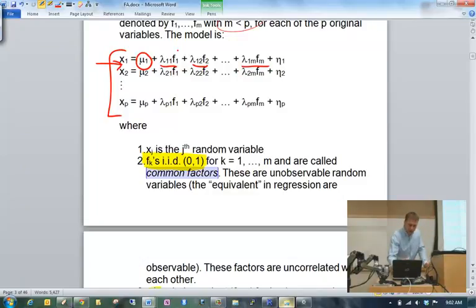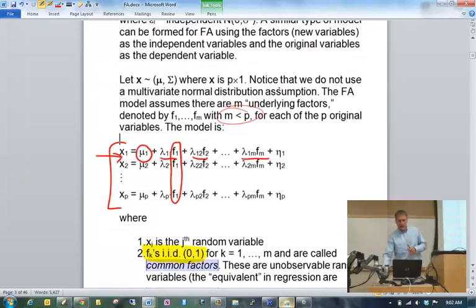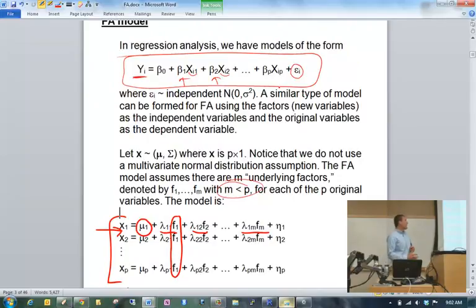So we can see, for example, that f1 is in the equation for all the x's. These lambdas then give us information about how much of an effect that f has on x. Just like how the betas in a regular old regression model, as shown up here, tell you how much of an effect that x has on the response variable y.